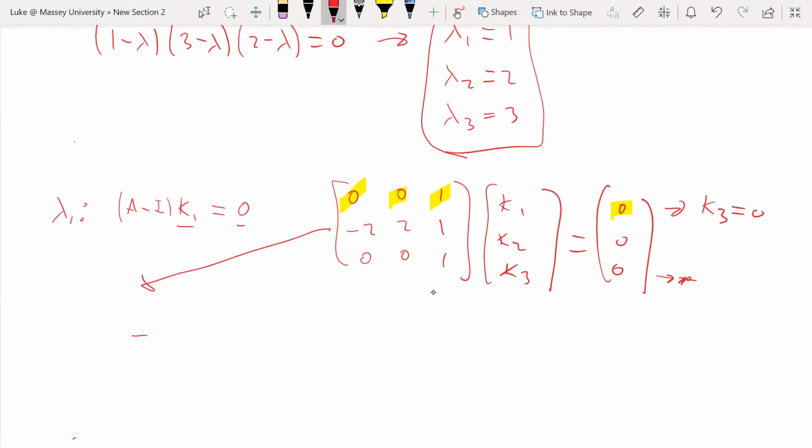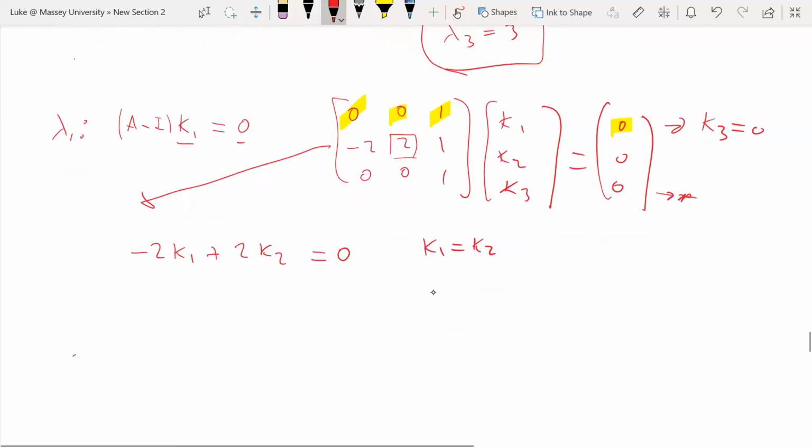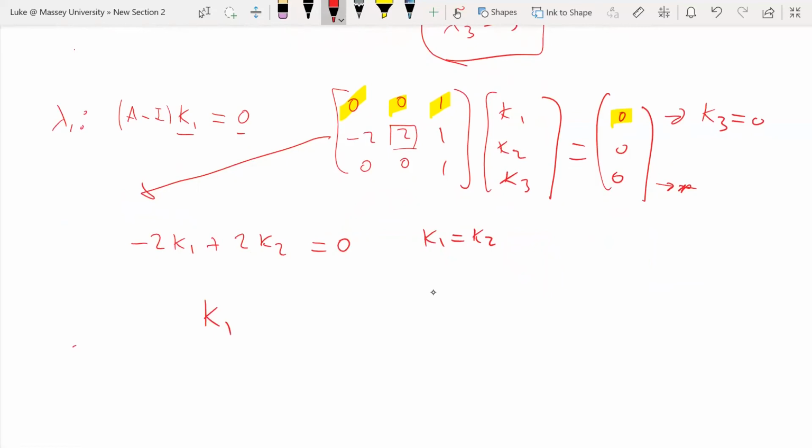Well, this is telling us negative 2 times k1 plus 2 times k2 plus something about k3, but k3 is 0, so equals 0. And so this is telling us that k1 is actually equal to k2. So let's just take k1 equal 1, so therefore my eigenvector k1 is equal to (1, 1, 0). So there k3 equals 0, you can see, and k1 equals k2.